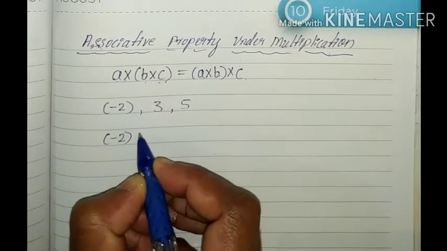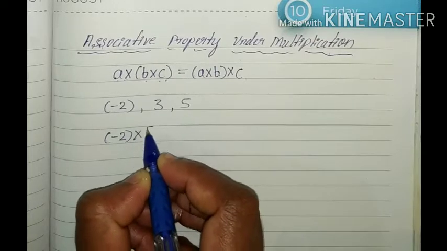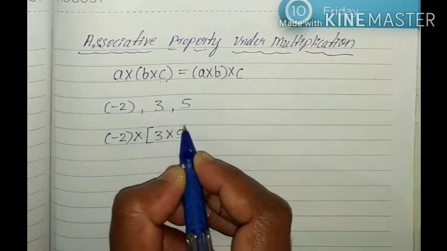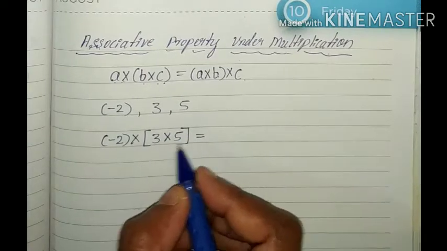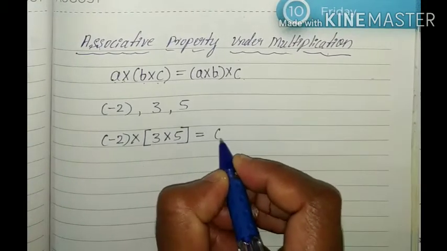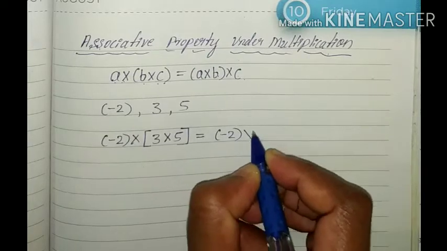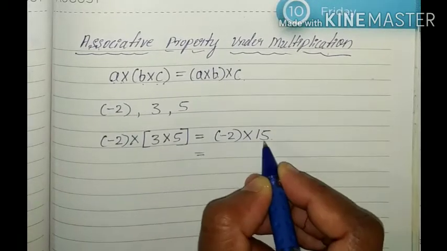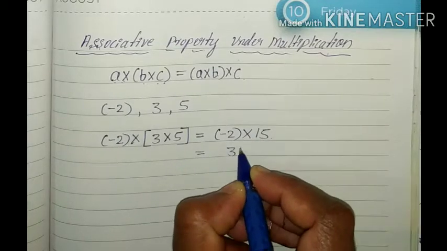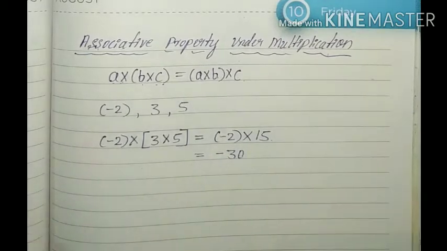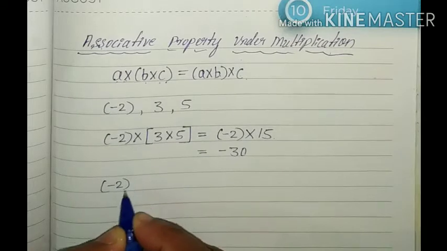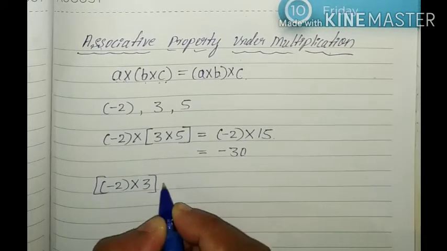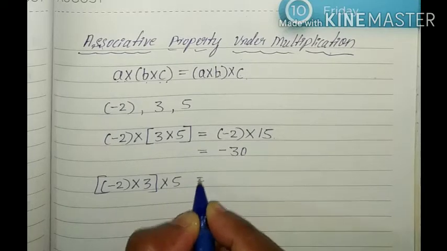Minus 2 into 3 into 5. First I will find out this answer. Okay, minus 2 into 3 5s are 15. That is what? 15 2s are 30. Minus plus is minus. Minus 2 into 3 into 5.